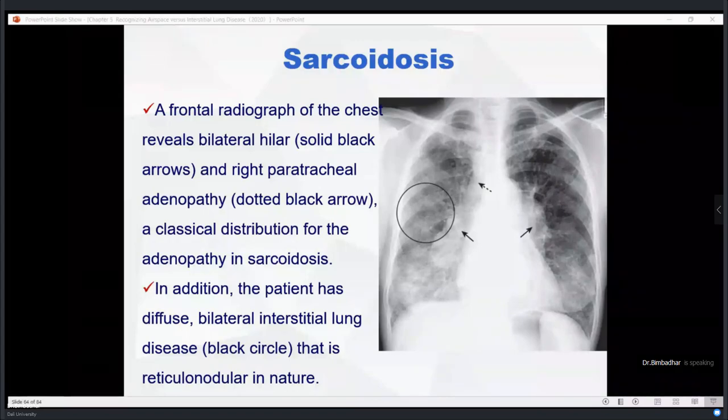And if he has so much bacterial load, he will develop these symptoms of pulmonary tuberculosis.